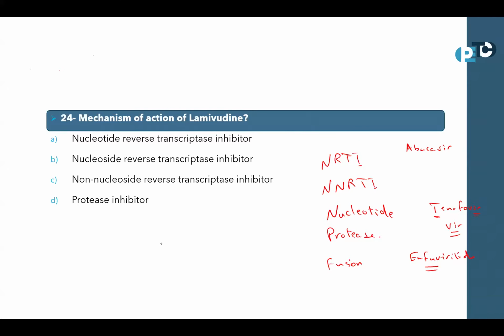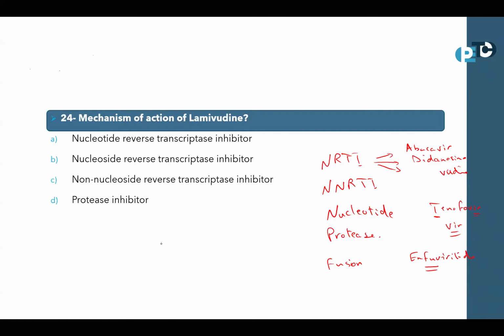Okay. In the group of the nucleoside, we have abacavir, didanosine, and the vudine family. Vudine family including zidovudine, lamivudine, and stavudine.